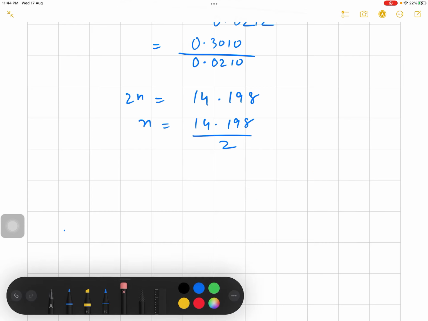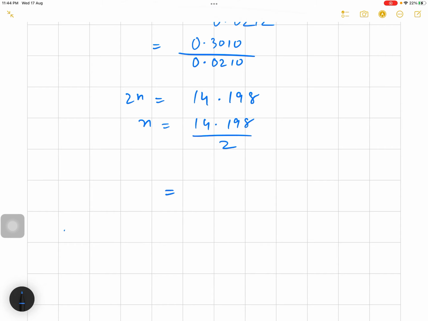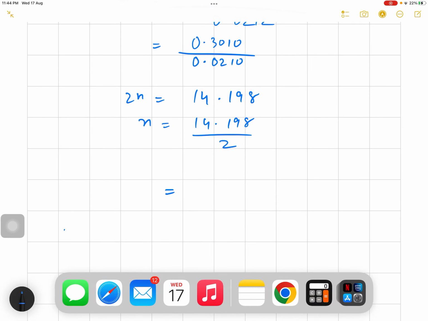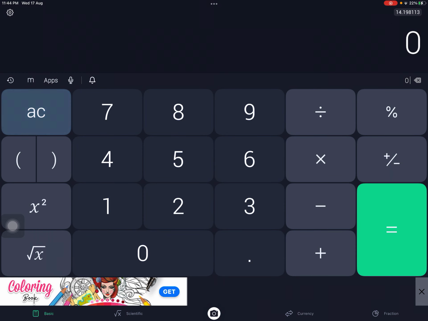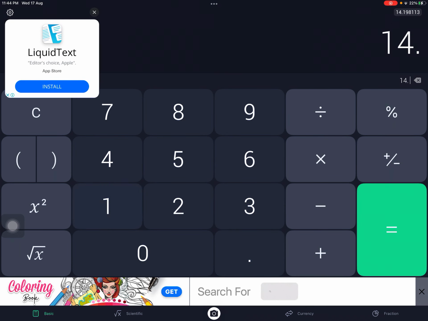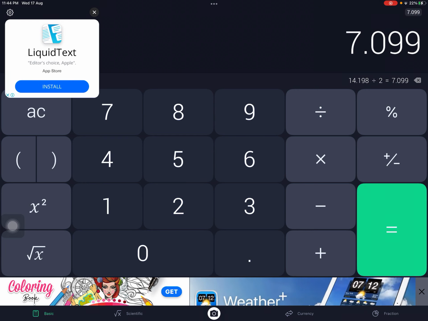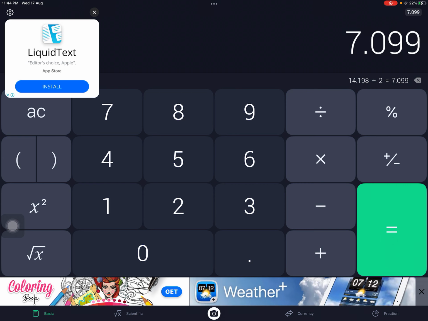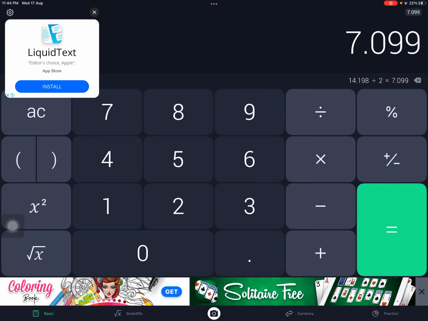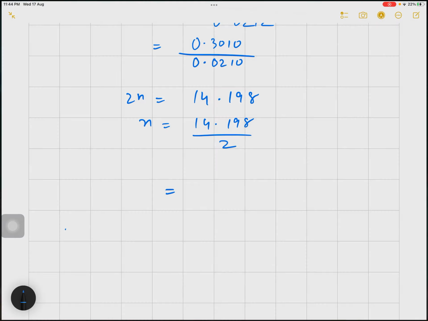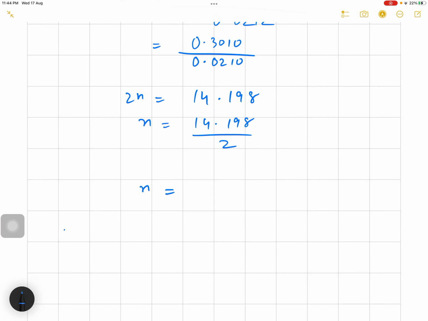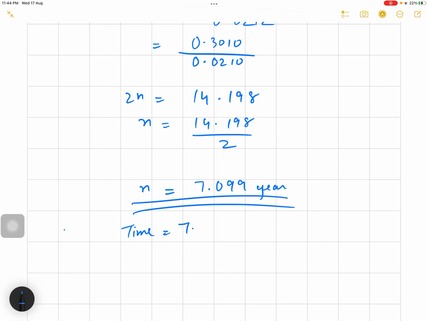Instead of n you can write t also. 14.198 divided by 2 is 7.099 years. So the answer is n is equal to 7.099 years, or time is equal to 7.099 years.